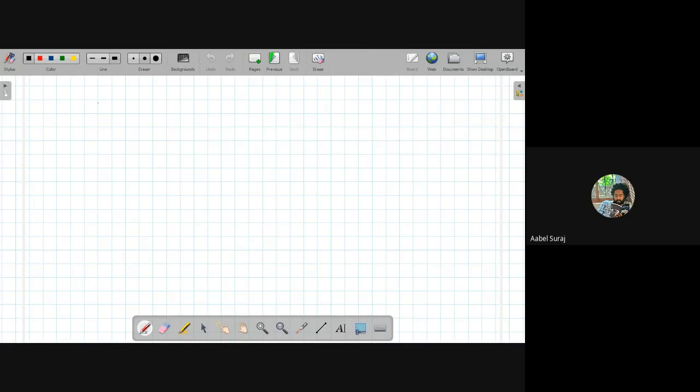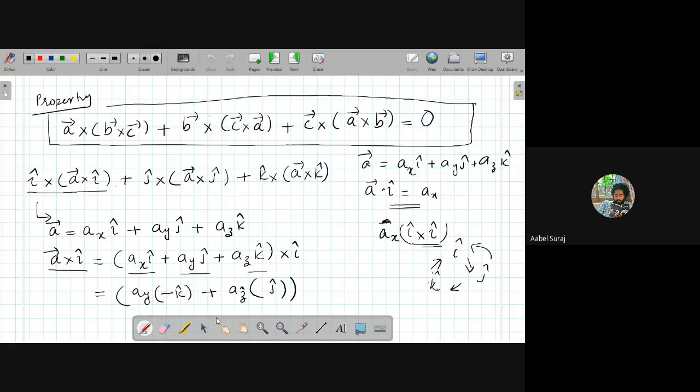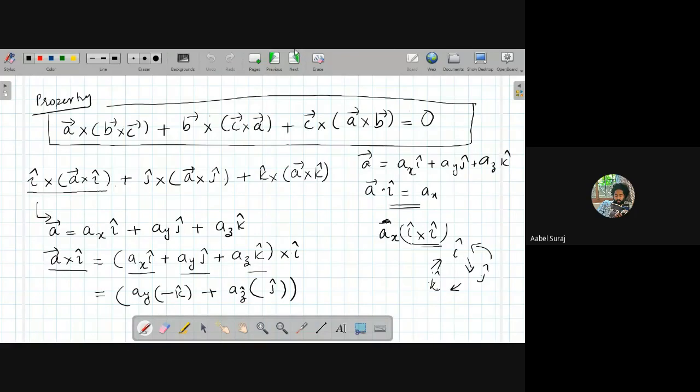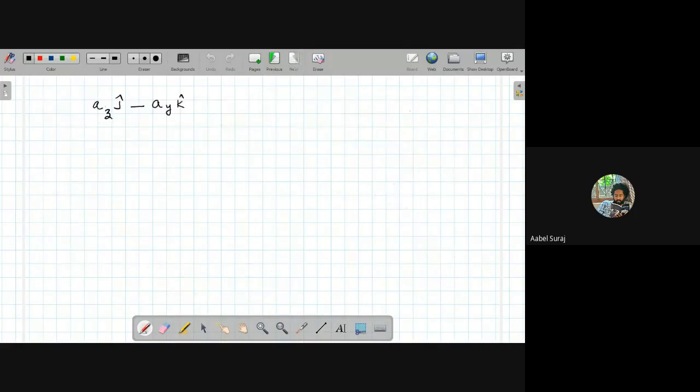Az into j minus ay into k. Right, ay into k. So this is the answer that we got for i cross a.